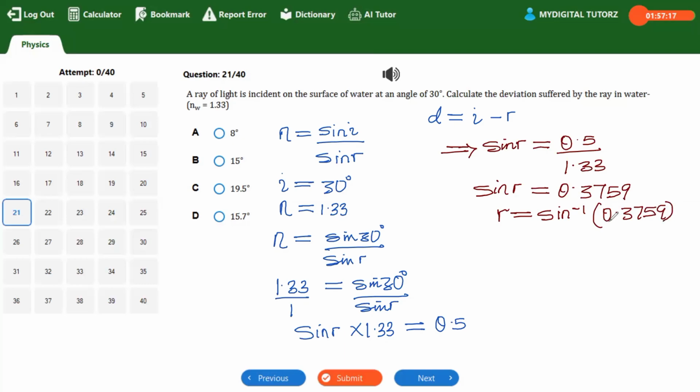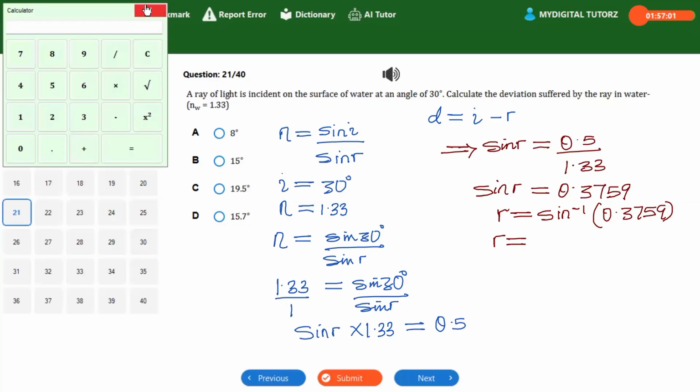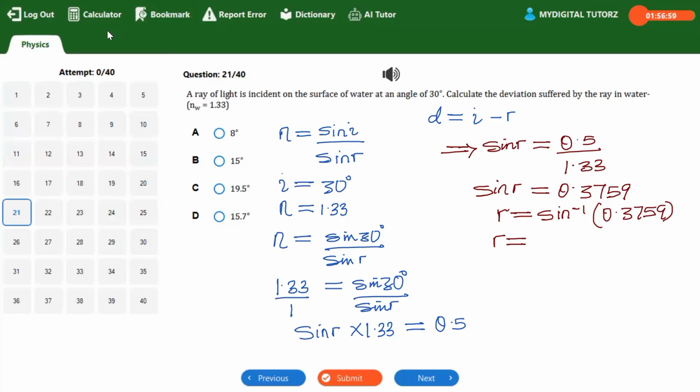0.3759. Clear? Remember, I told you that you have to be fast and smart in the exam. So sine inverse of this, that should give us, when you press sine inverse of this, let's check in your exam. I think you have a calculator, but there is no sine inverse. So in an exam setting, how do we get the sine inverse?